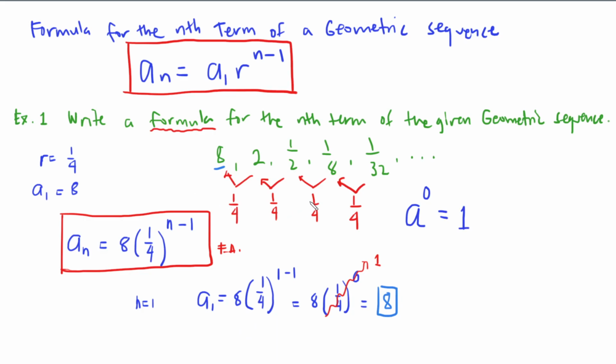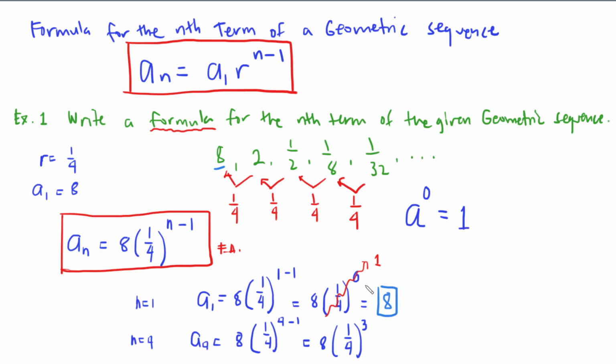Okay? So, try natin yung a sub 4, no? Or what if n equals to 4? So, a sub 4 is equal to 8 times 1 over 4. So, this time yung n mo is 4 na minus 1. So, that will be equal to 8 times the quantity 1 over 4 raised to 3. Okay? So, paano naman kapag ganyan, no?